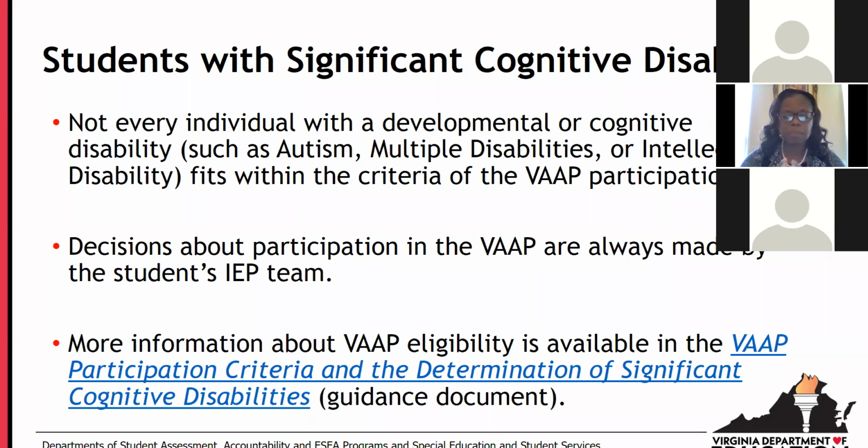And that information is found in the VAAP participation criteria and the determination of significant cognitive disabilities. Those documents are really intended to guide IEP teams, to give them appropriate parameters so that each team can make sure that they identify students appropriately.